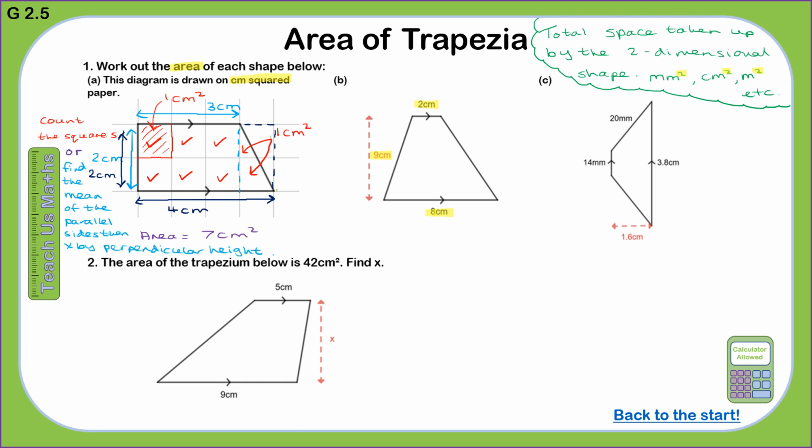Let's go back to part B then and use this method. The mean of the parallel sides is 2 plus 8 divided by 2. And then we multiply this by the perpendicular height, 9.